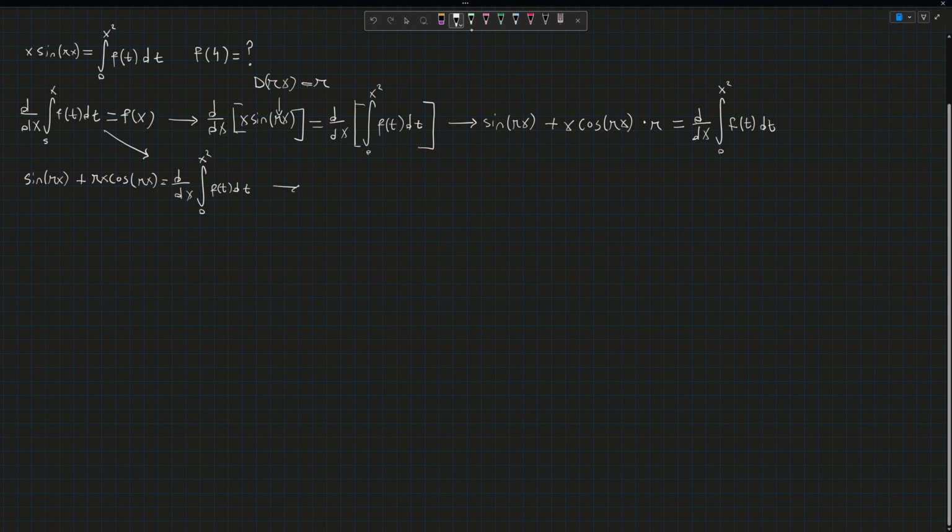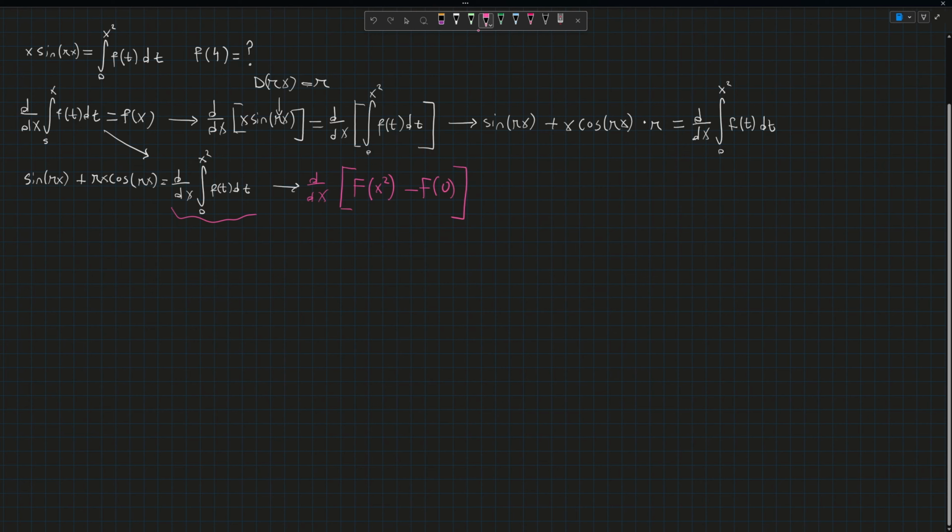This part right here is just going to be the derivative with respect to x of the antiderivative, capital F, evaluated at x squared, minus capital F evaluated at 0.